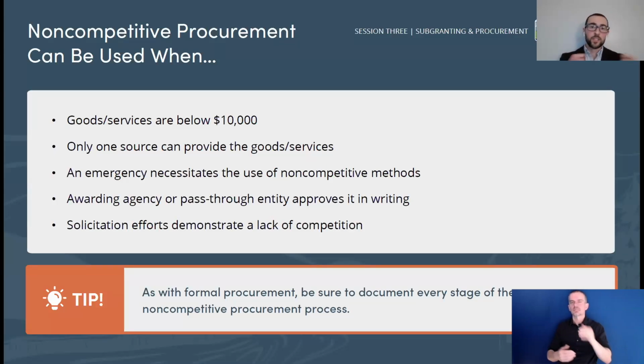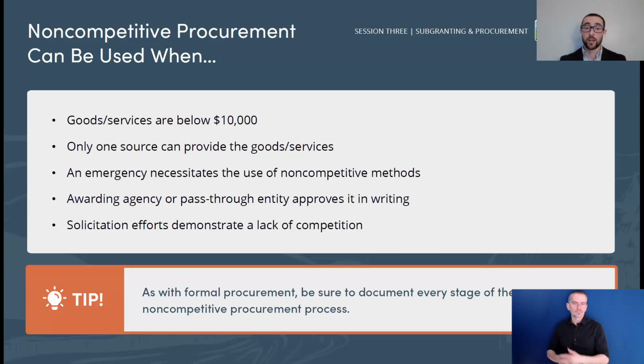Or if you've sent out a solicitation for bids and gotten no response or a response from only one entity, then we've determined there's a lack of competition in general, and we don't really have to use those formal procurement methods in that case.